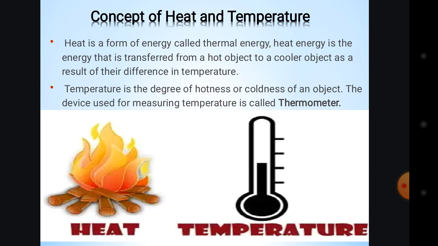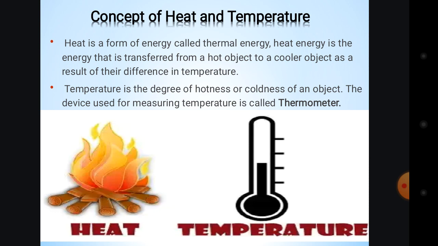So you see, temperature is used to measure the hotness or the coldness of an object. It is measured by a device called a thermometer.